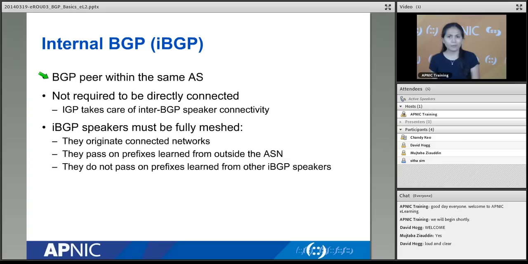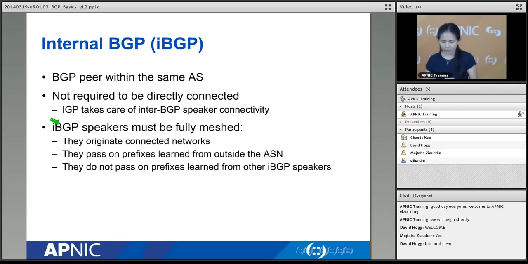So if you have, say, 5 routers running iBGP, you should have connections from router 1, because you just do this in your router configuration. Router 1 to router 2, router 1 to R3, R1 to R4, R1 to R5, and the cycle goes on.